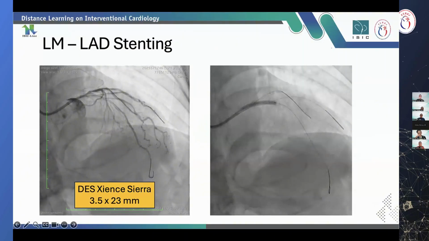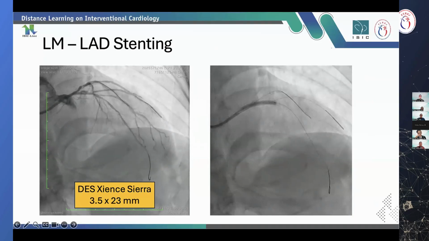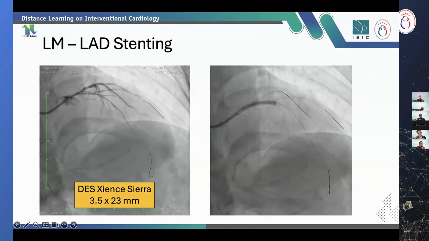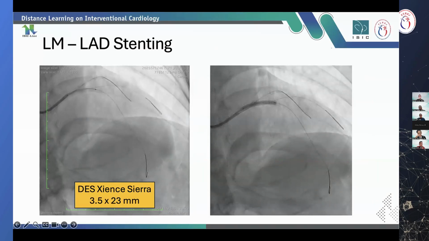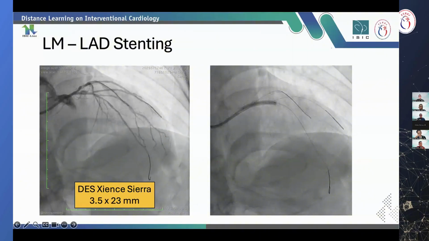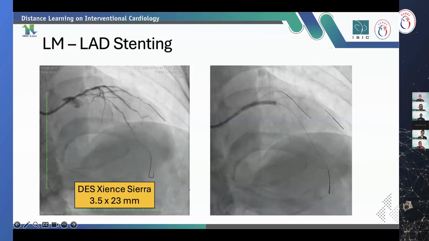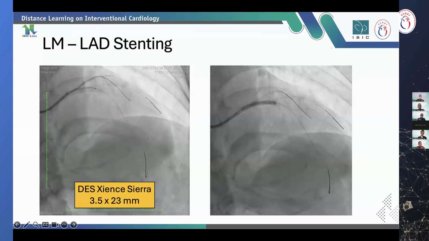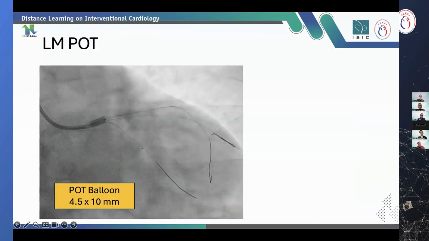Then we tried to deploy a Synergy Xience 3.5 by 23 millimeters from the left main ostium to the proximal LAD, as there was no clear landing zone at the ostial LAD. Also at the left main, there is diffuse fibrolipidic disease along the left main shaft, so we put the stent along the left main to the LAD.